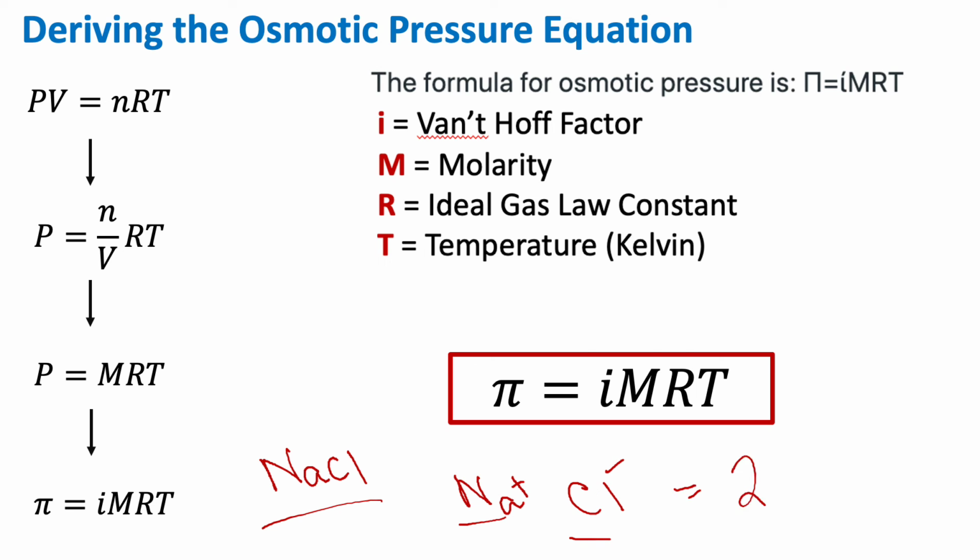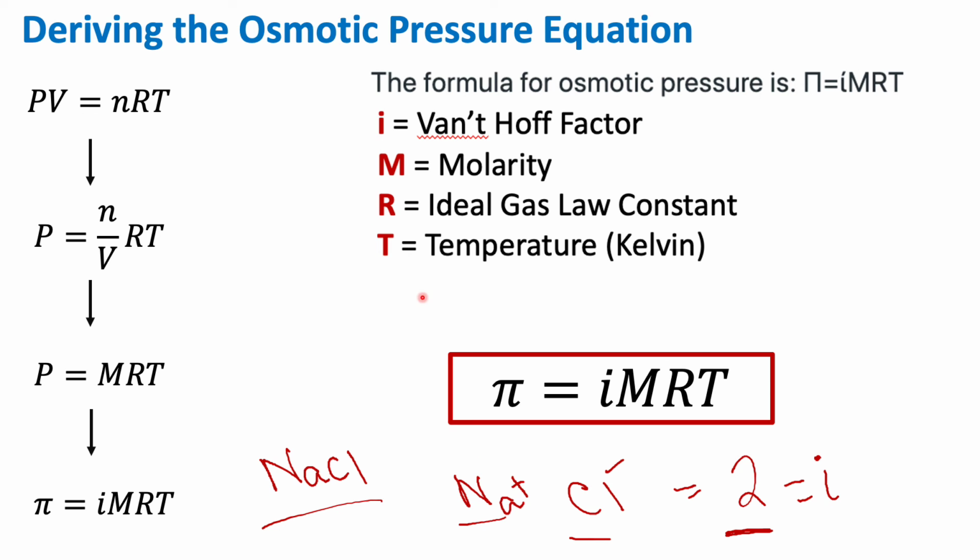So if we have two things, that is our van 't Hoff factor, and that is equal to our i. So once we've modified this equation, we just replace the P with pi. This is the osmotic pressure equation, and we can use it to determine our osmotic pressure once equilibrium of the concentrations on both sides is achieved.